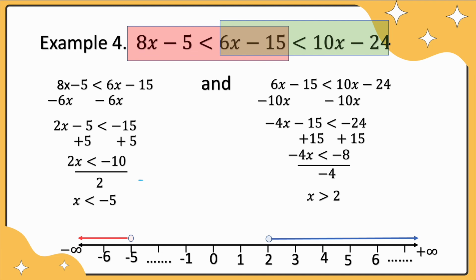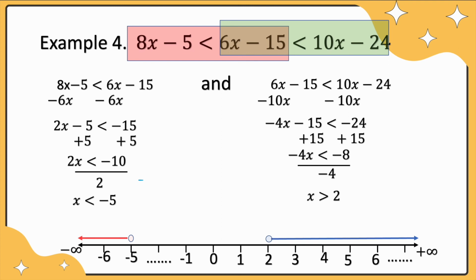So the solution to this inequality, 8x minus 5 less than 6x minus 15 less than 10x minus 24, is all the values of x that satisfy both parts of the inequality, that is x less than negative 5 and also x greater than 2.